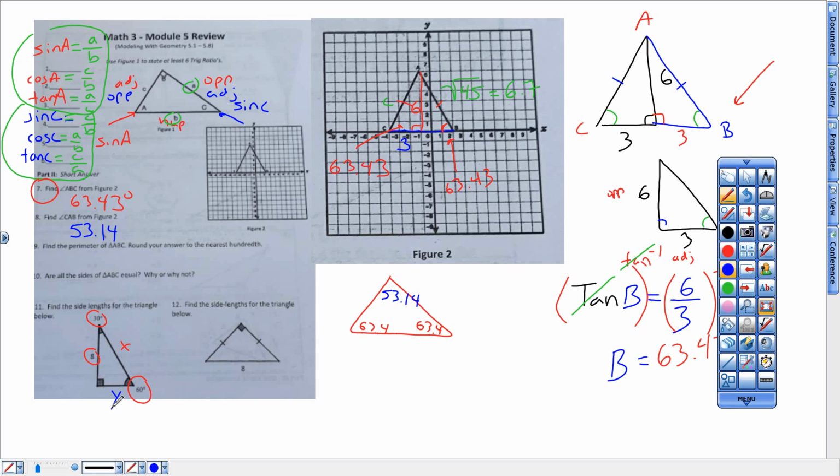Okay, so which piece do you want to find first, ladies? Do you want to find this length or this one down here? X or Y? Does it matter? Nope. Because eventually you're going to have to find all three. X. All right, so if I'm finding X, I could either come in from this angle right here, or I could come in from this angle right here.